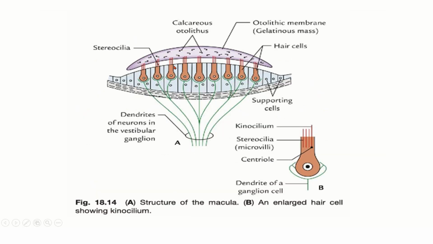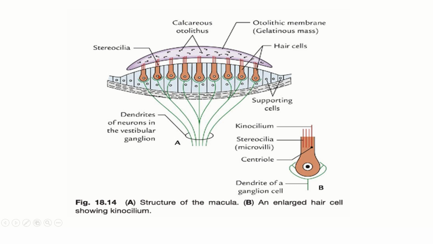You can see here this is the structure of the macula. You can see the flat surface. There is an otolith membrane. Here you can see the calcareous otoliths. The presence of otoliths helps this otolith membrane to respond to gravity.